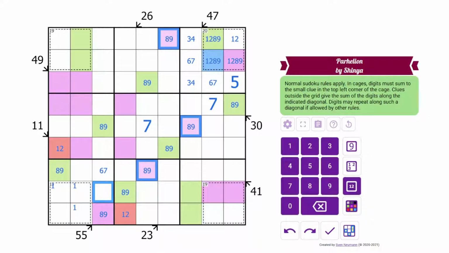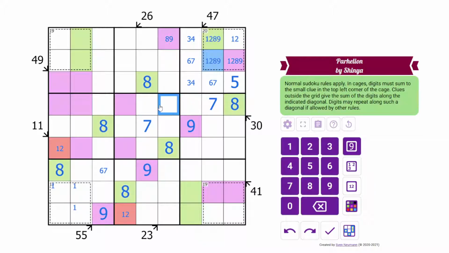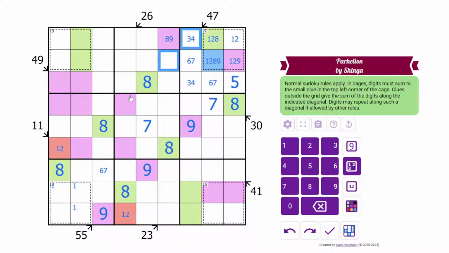The maximum here is 4. Oh wait, so actually we know that purples have to be 9s and greens have to be 8s. So what's the maximum this can be? Well, it's 8 plus 8 plus 8 plus 4.